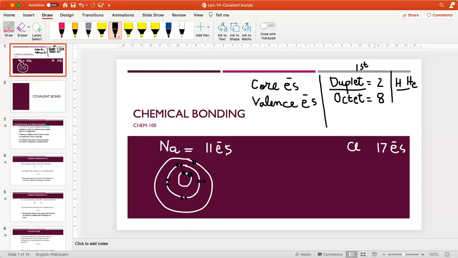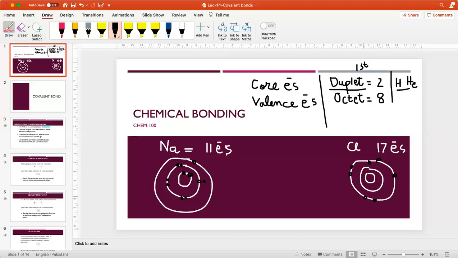And the same is over here for chlorine. The first 2 shells are the same as in sodium, and the third one has 7 electrons: 1, 2, 3, 4, 5, 6, and 7.